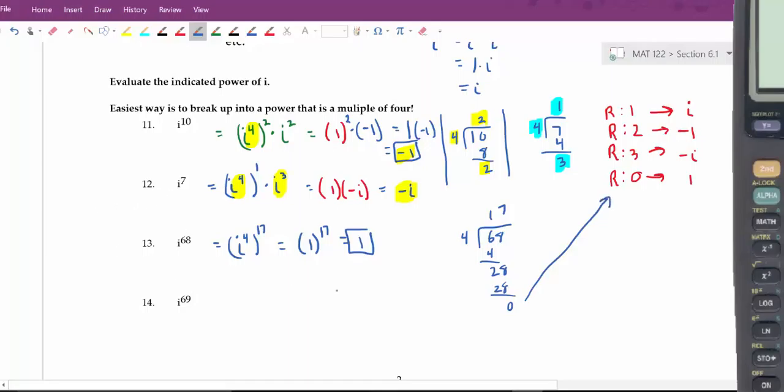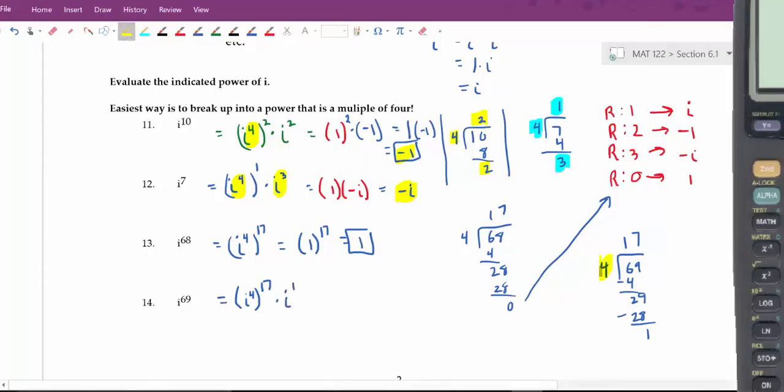Okay, then the next one, which would be one other thing that could happen, if you do 69 divided by 4, go ahead and do that division. That goes like this. This time it's going to have a remainder of 1. So what you say is i to the 4th to the 17th times i to the 1st. You can see where all these things go.